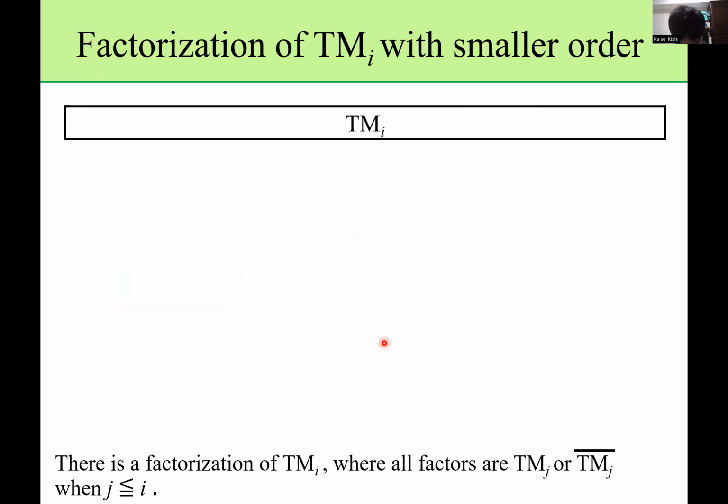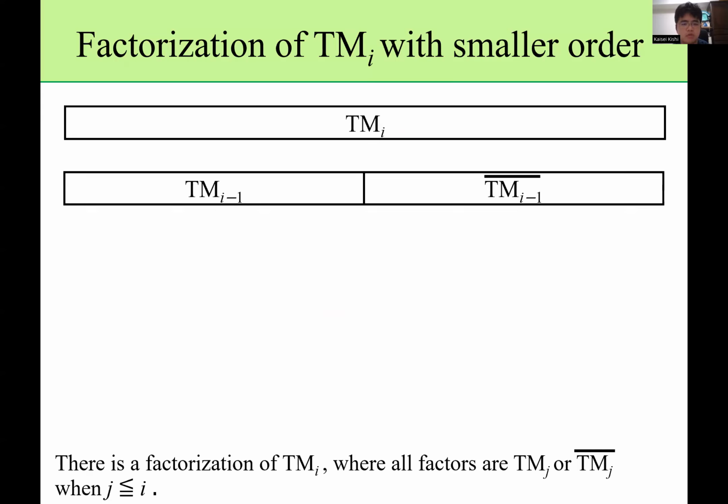So for the Thue-Morse words, we characterize the smaller occurrences of TMJ in TMI similarly. So TMI can be factorized into TMI minus 1 and TMI minus 1 bar.